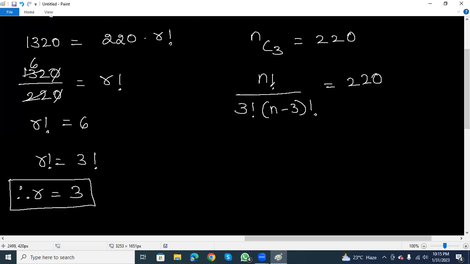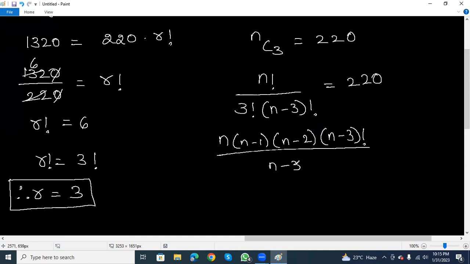We can write n factorial in terms of (n minus 3) factorial. So n into (n minus 1) into (n minus 2) into (n minus 3) factorial divided by 3 factorial, which is 3 into 2 into 1, that is 6, into (n minus 3) factorial.